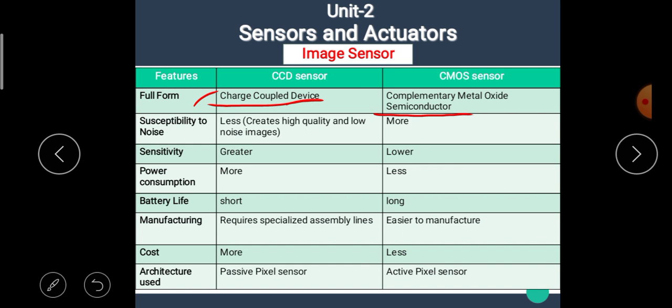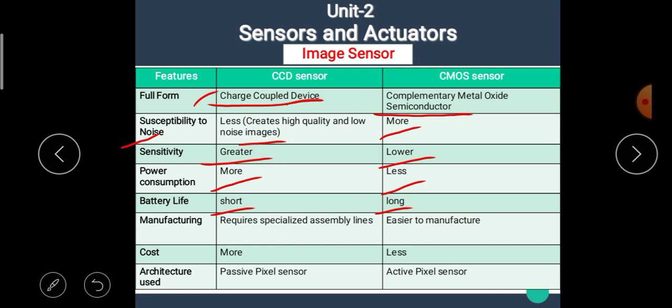The second feature is susceptibility to noise. In CCD sensor, the susceptibility to noise is less, while in CMOS sensor it is more. The sensitivity of CCD sensor is greater, while that of CMOS is lower. The power consumption of CCD is more and CMOS is less. The battery life of CCD is short and CMOS is long.